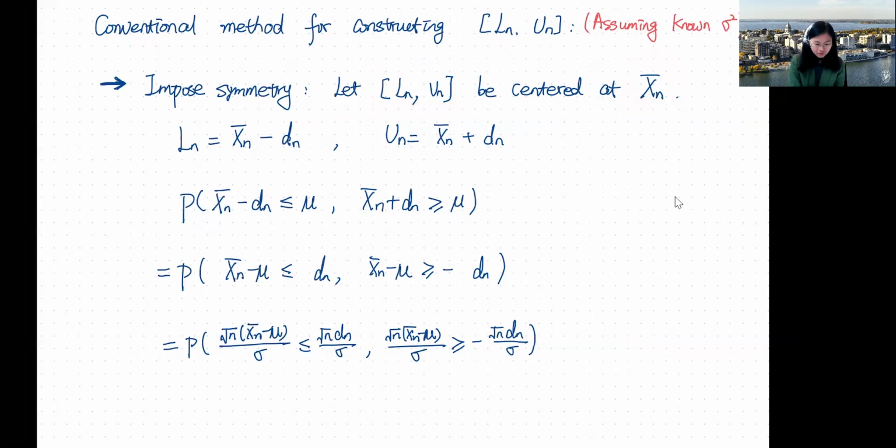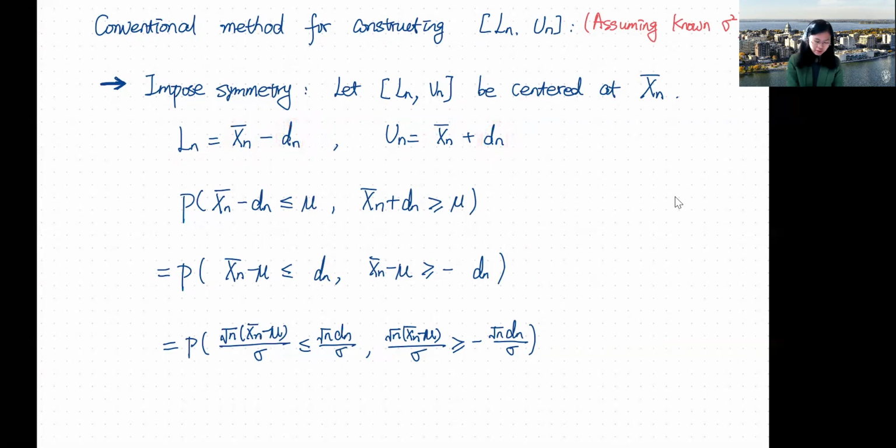When we impose symmetry, then Ln will be the point estimator minus half of the length, and Un will be the point estimator plus half of the length. Half of the length of the interval is denoted by Dn.